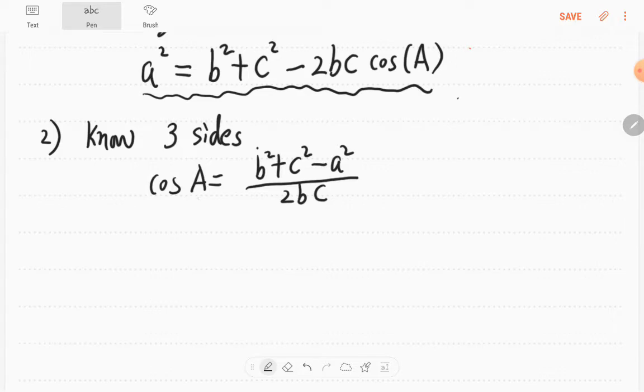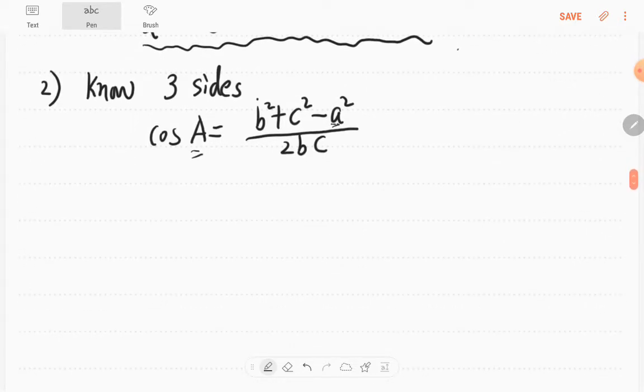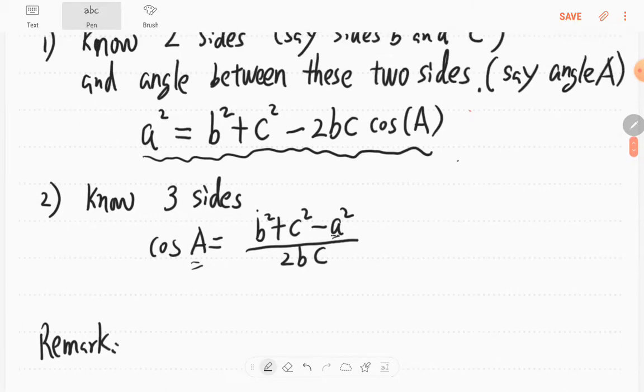So this A and this A are the pair of opposite side and angle. It could be any letter. Here is the remark: actually, these two formulas are equivalent.